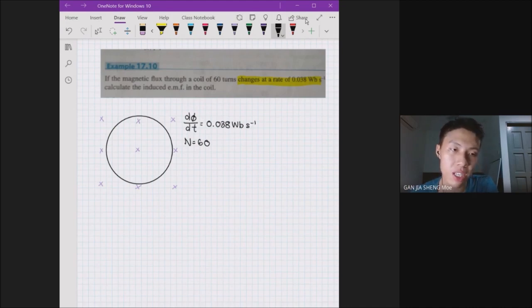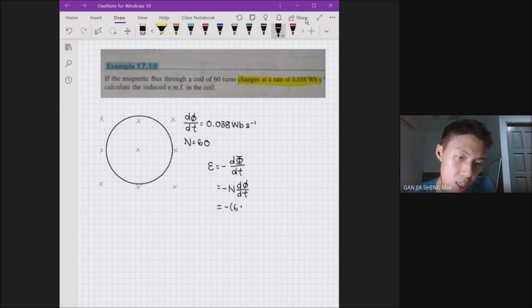They ask you to calculate induced EMF in the coil. So epsilon is equal to negative d. Here you have multiple terms, so it's d big phi over dt, the time rate of change of the magnetic flux linkage, and you know that it is equal to negative N d small phi over dt. So we have all the values we need.